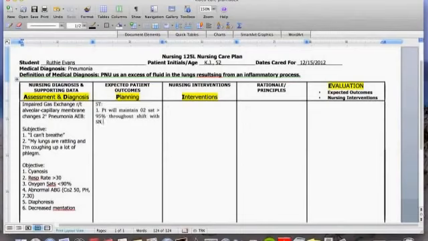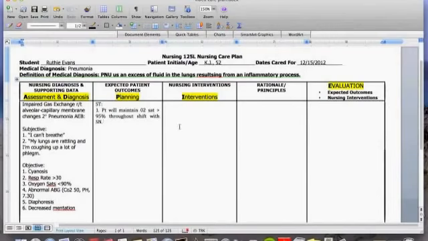And now all of these goals and these outcomes, they need to be specific and they need to be measurable. So I can look at my O2 sats throughout the day, or on the telemonitor, or wherever I have this patient, and I can measure that by saying, well, is this greater than or less than 95%? So it's specific and it's measurable.